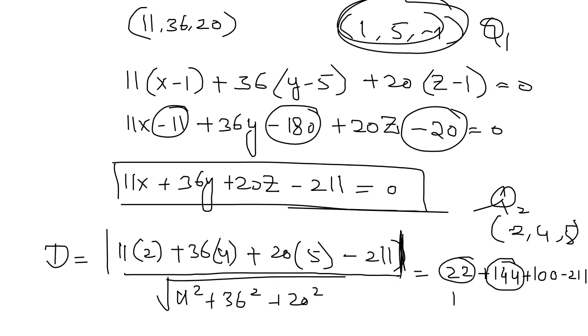This and this one is 166, and this and this one is 266. 266 minus 211 is equal to what? 55. So that is different.